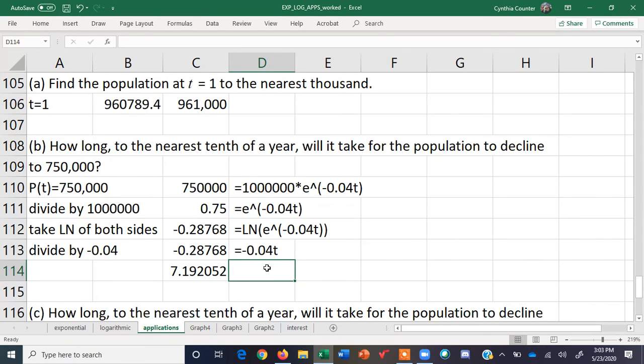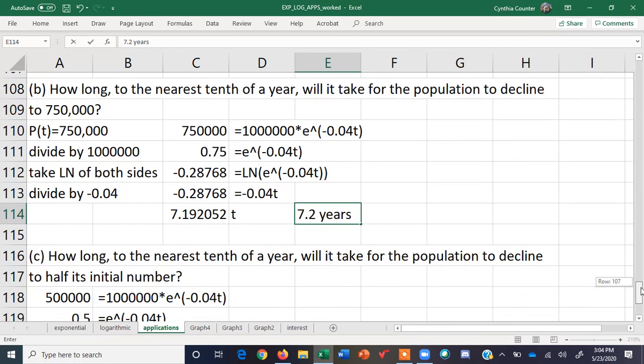And here is t. So how long to the nearest tenth of a year? We're looking at 7.2 years. So in 7.2 years, the population will have decreased to 750,000, which, notice, is 3/4 of the original population. Okay, so that's 3/4 of the original population in 7.2 years.